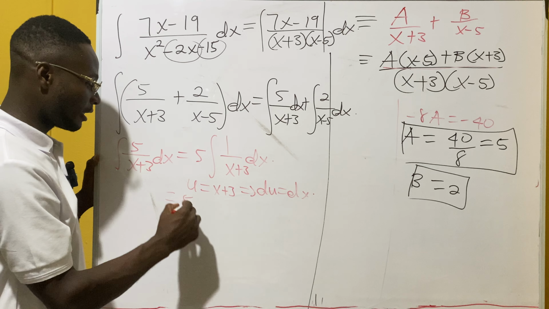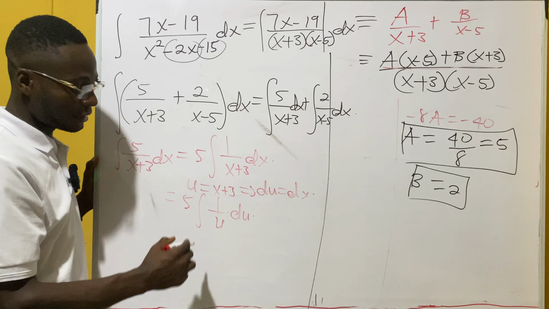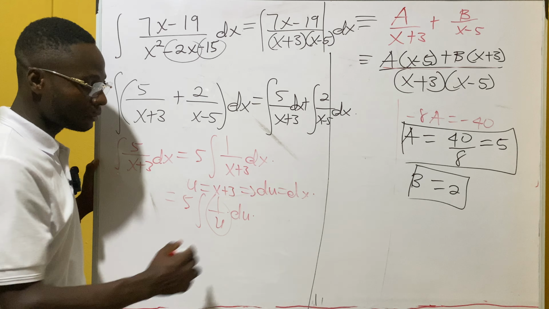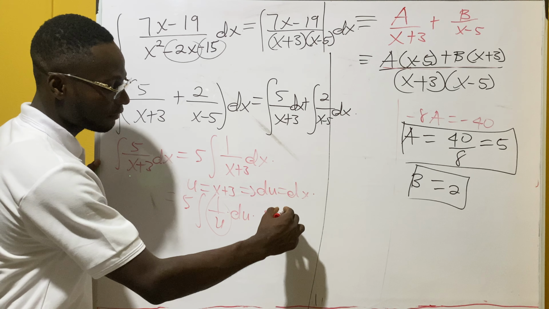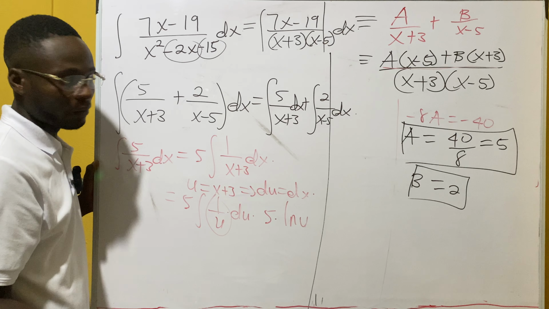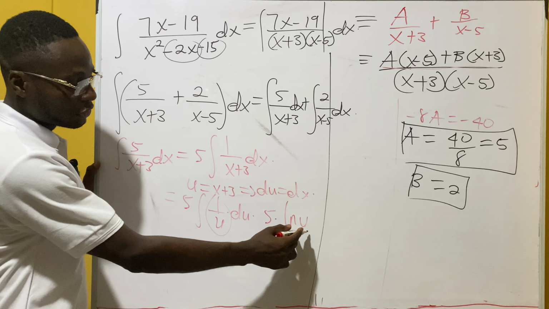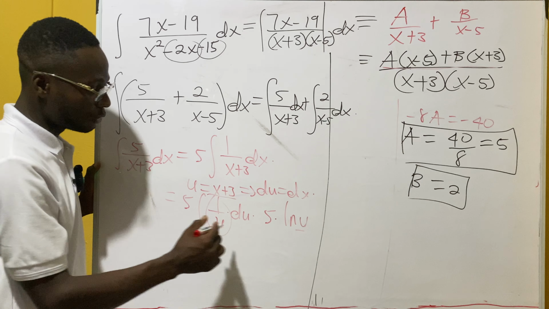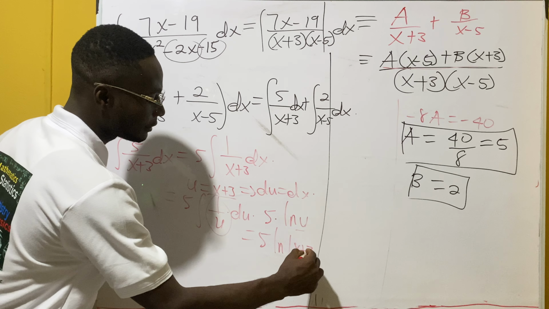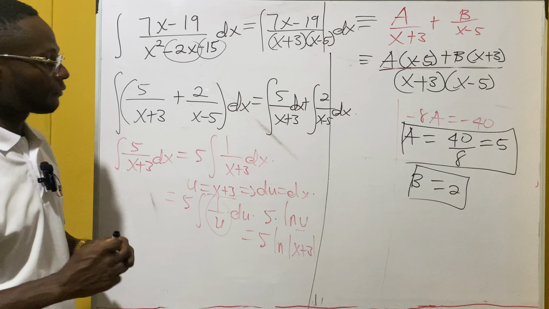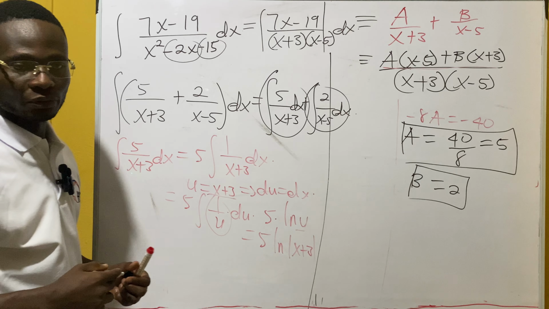So you have here 5 integral of 1 on u du, and you know that integral of 1 on u is ln u. But of course, you have 5 outside multiplying that, so you have 5 ln u. You have to go back and do your substitution because you said that u is x plus 3. So you have 5 ln of x plus 3 for this section.